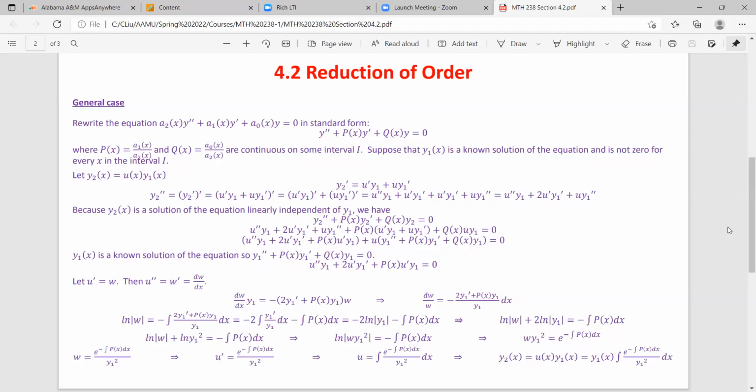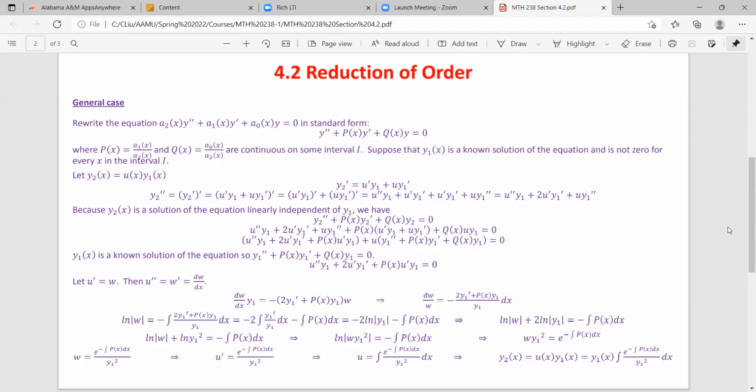Because y1 is the solution of the equation, then obviously y1 double prime plus p times y1 prime plus q times y1 equals 0. So that's why we group those three terms together. Then the second part of the equation on the left is just 0, u times 0 is just 0. So you're only left with the first part to solve, which is u double prime y1 plus 2 u prime y1 prime plus p times u prime y1 equal to 0.